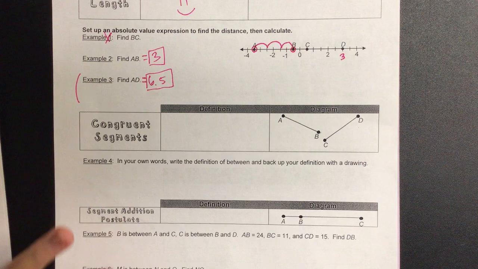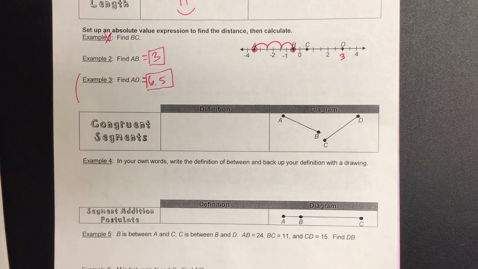If you got 6.5, give your neighbor a high five and say good job. He'll learn, it's okay. Give him some time.